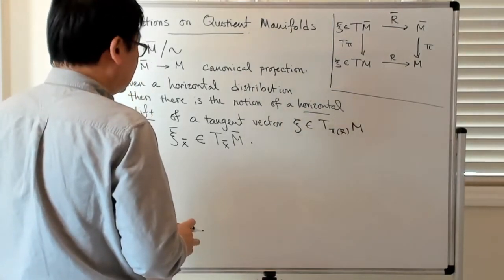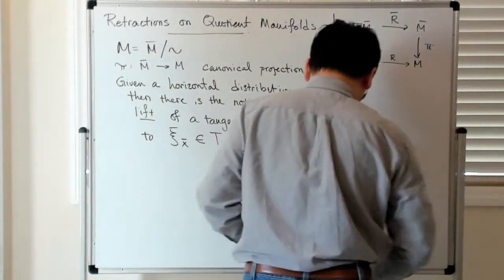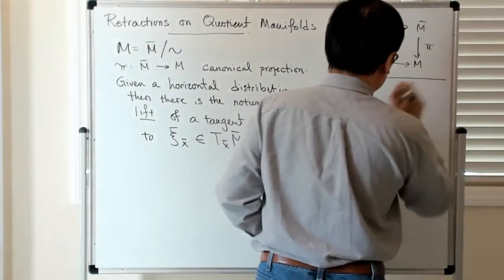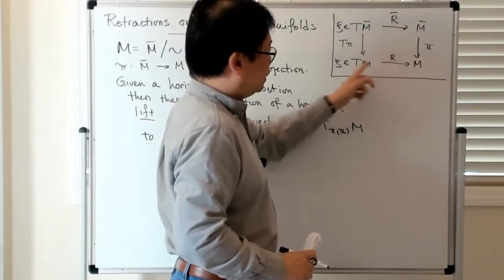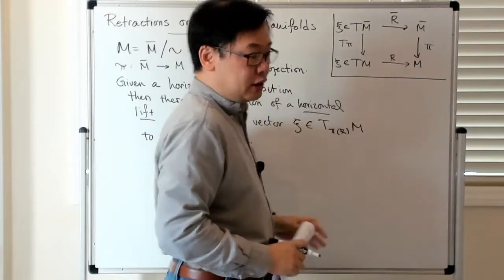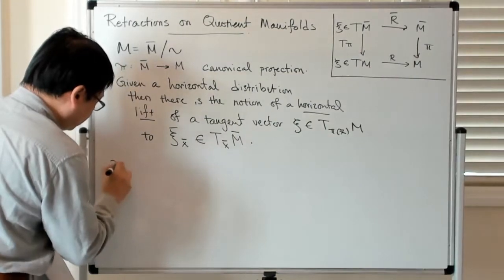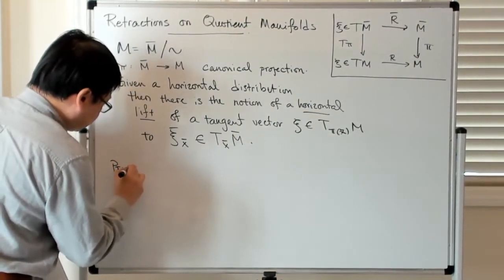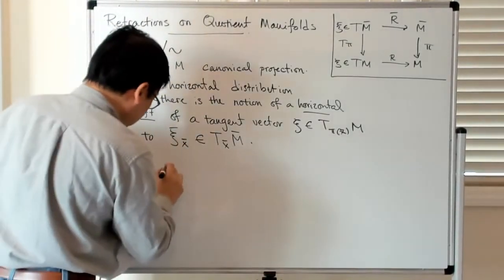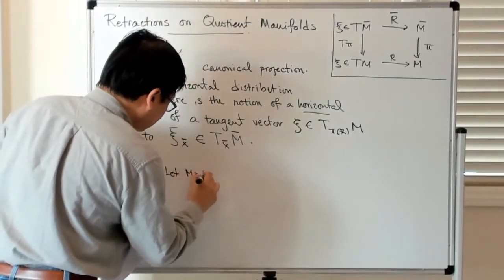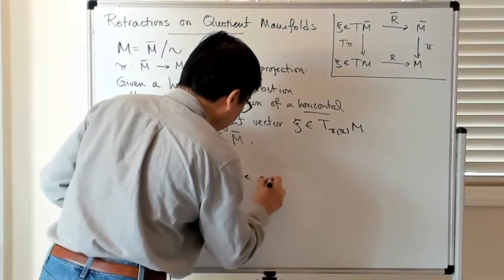So let me state the proposition, which then allows us to induce a well-defined retraction on M from a retraction on M bar. Okay, so the proposition is that you have M equal to M bar quotiented by an equivalence relationship, a quotient manifold.